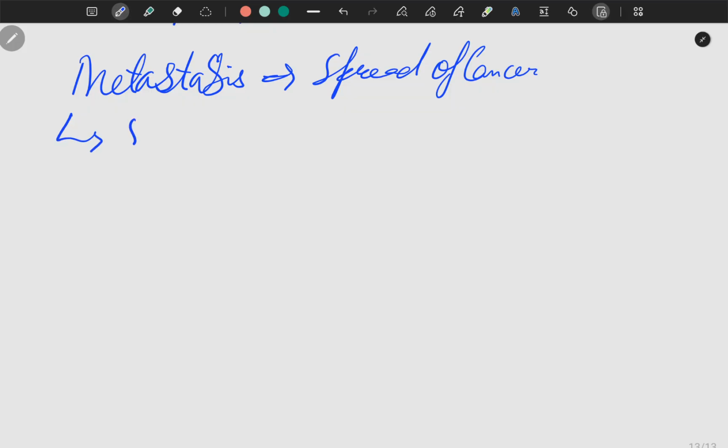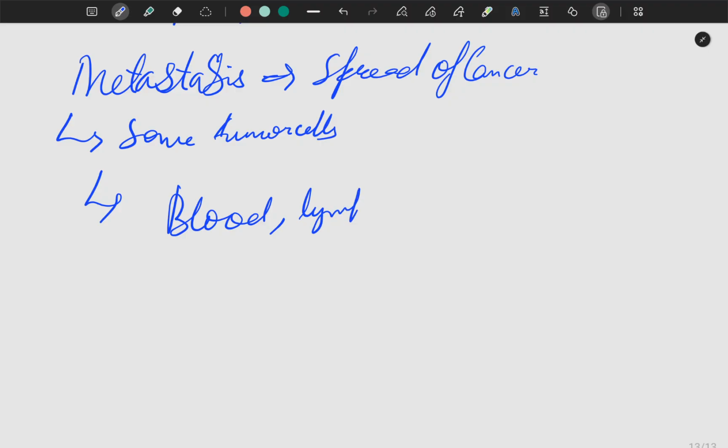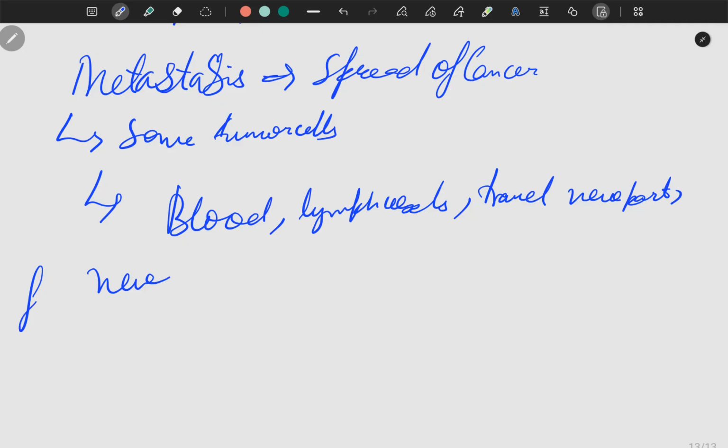What happens is some tumor cells detach from the original tumor and enter into blood vessels or lymph vessels, travel to a new part of the body, and form a new tumor. This is metastasis, and it makes cancer deadly and dangerous.